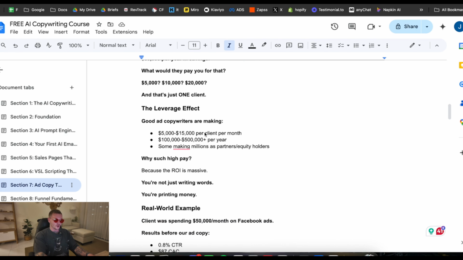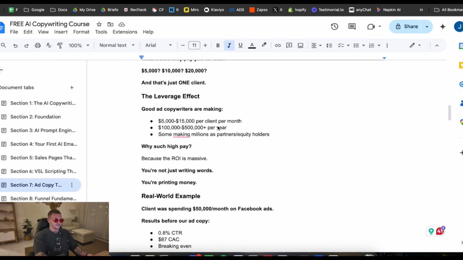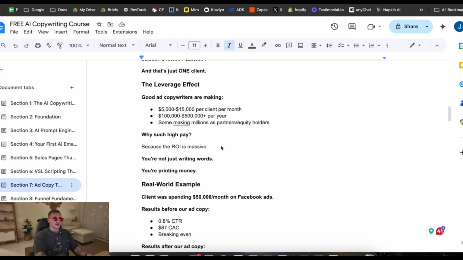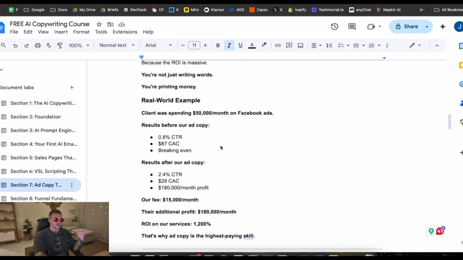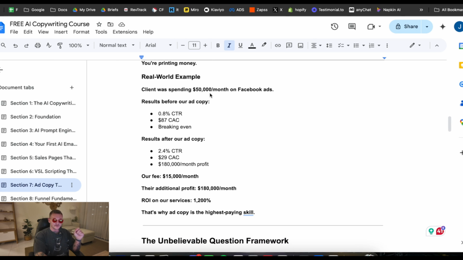The leverage effect. So good ad copywriters are making 5 to 10, 15k a month per client, and that's just from one fucking client. So why such high pay? Because the ROI is massive. You're not just writing words, you're printing money. Clients spending $50,000 a month on Facebook ads. Results before your ad copy, they're getting less than 1% click-through rate. Their CAC, customer acquisition cost, is $87.